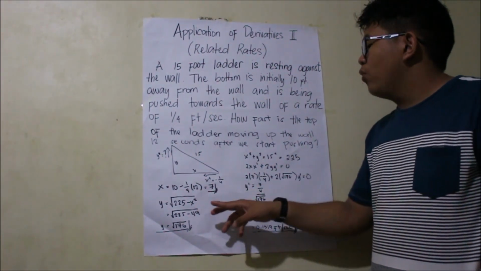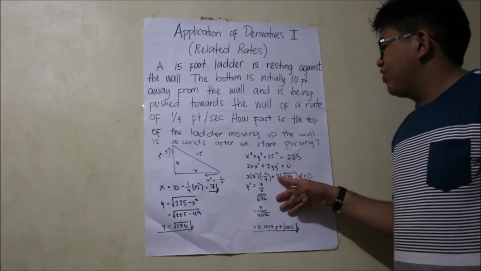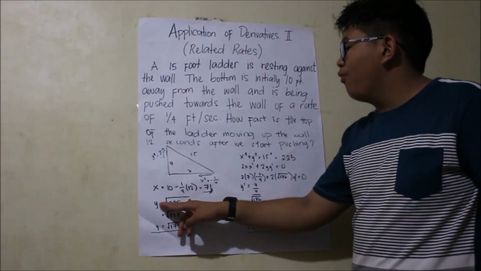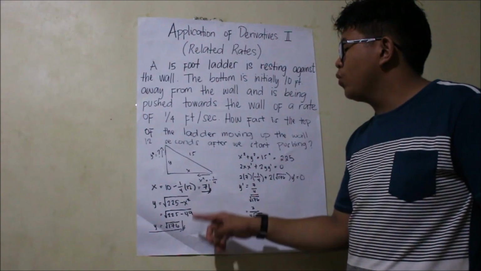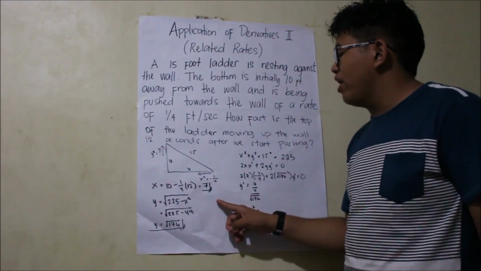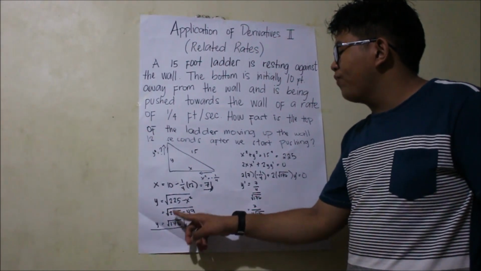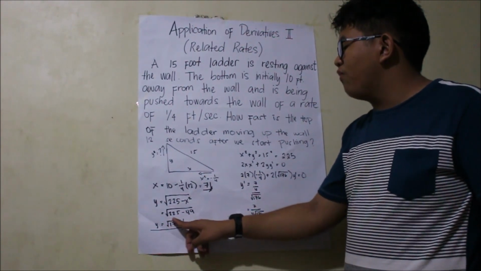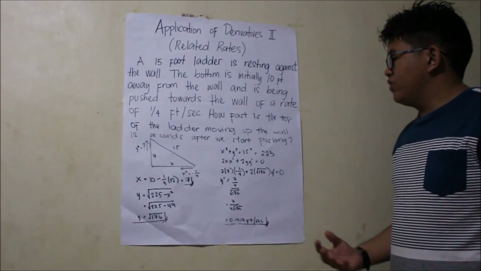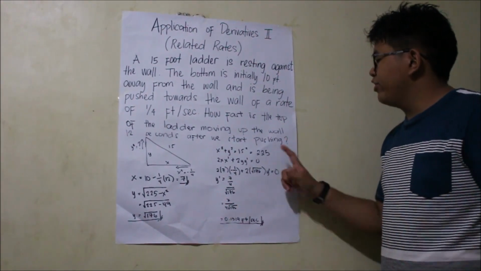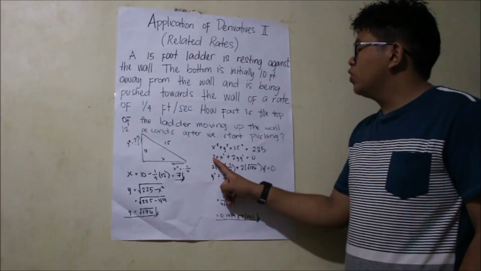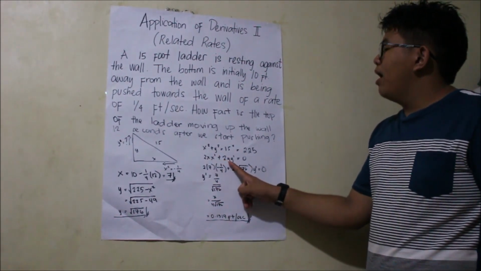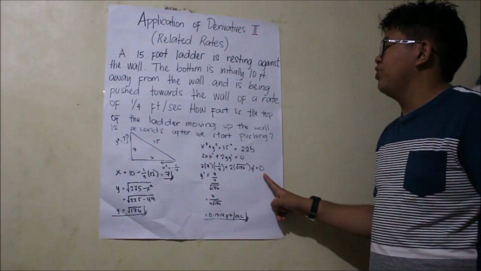Then to find y, we will use the Pythagorean theorem, which was stated a few moments ago. So we have y is equal to the square root of 225 minus x squared, which is equal to the square root of 225 minus 49. So y is equal to the square root of 176. Using implicit differentiation on this equation would give us 2x times x prime plus 2y times y prime is equal to 0.